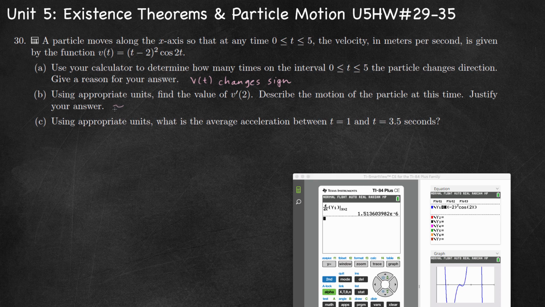So let's say approximately 0 meters per second squared. And we said the particle is momentarily, just at that one instant, momentarily at rest, but not changing direction.